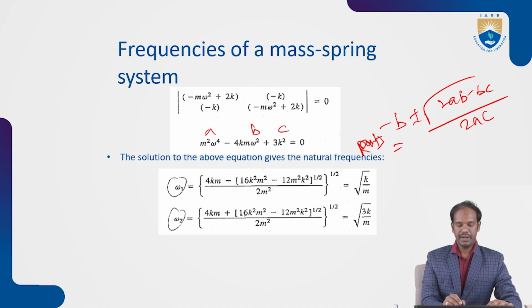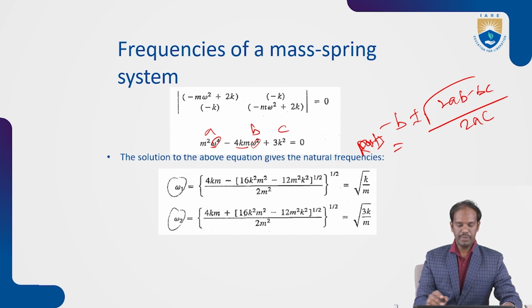Under this we have minus 4bc, so minus 4km. The omegas are taken as constants only, so we just avoid this one for our convenience to make this a particular frequency analysis. After that we take this natural frequency equation, and then the roots equation. After this the natural frequency will come.